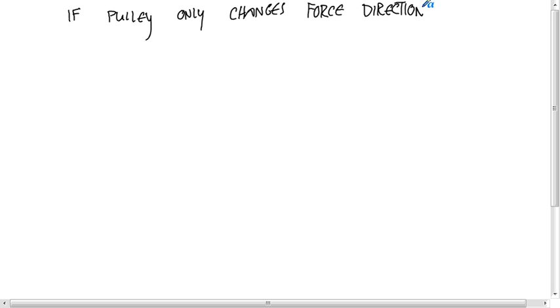So if a pulley only changes the direction of a force, what's pulley advantage?